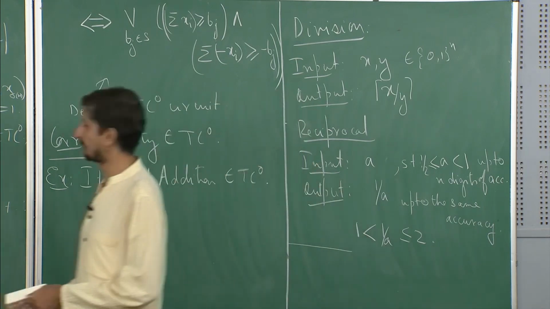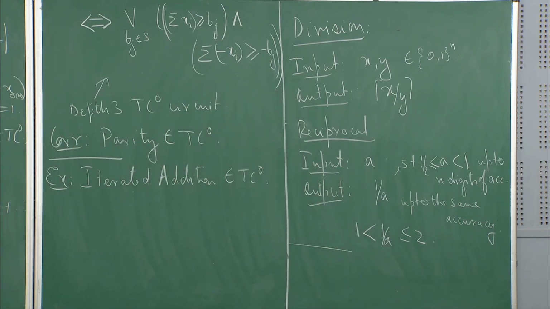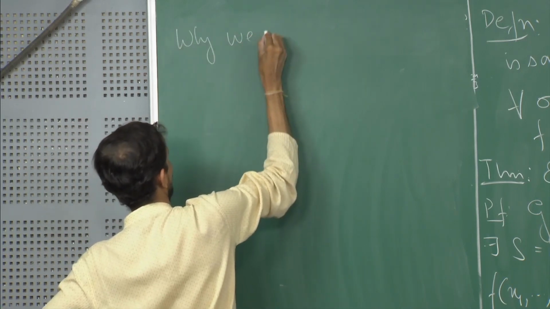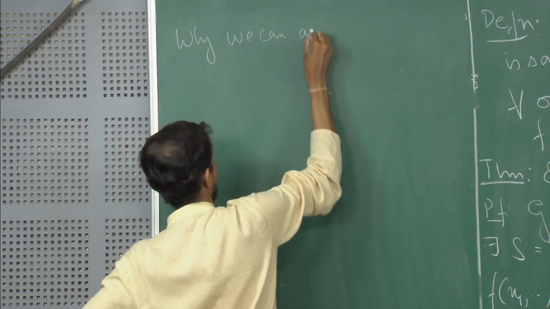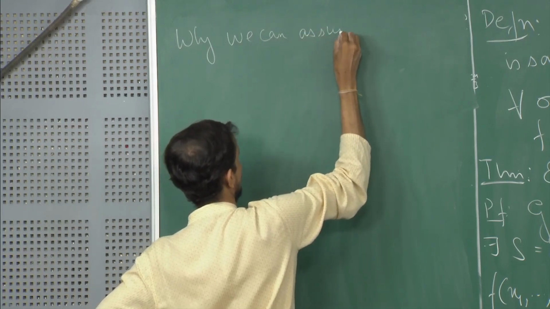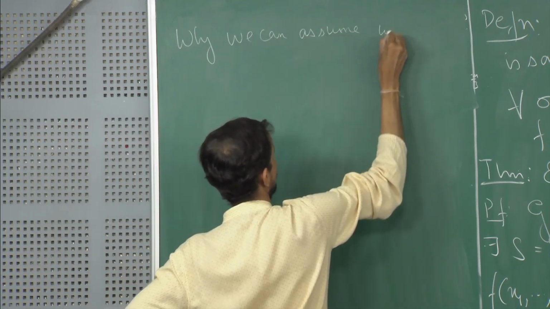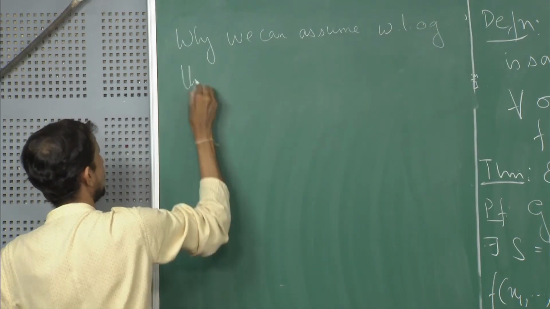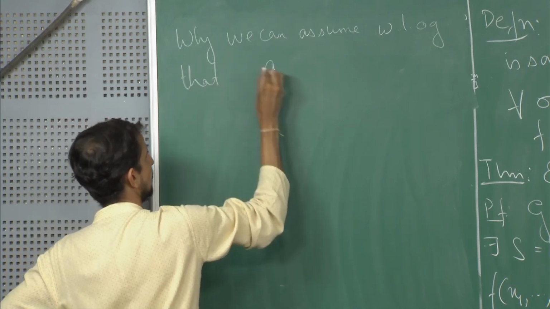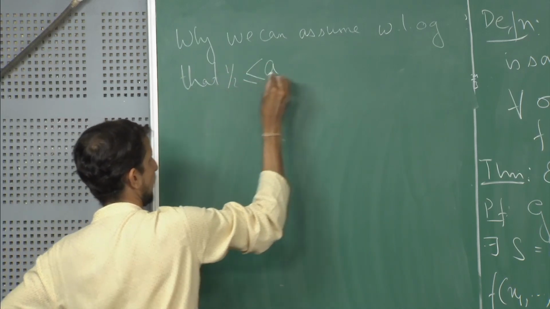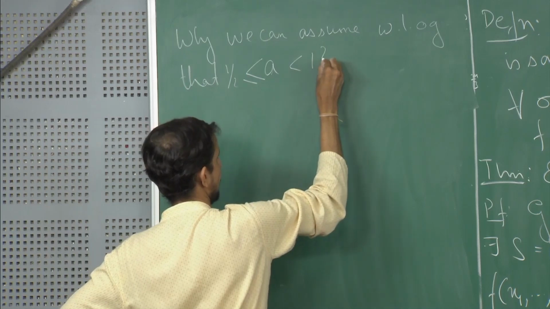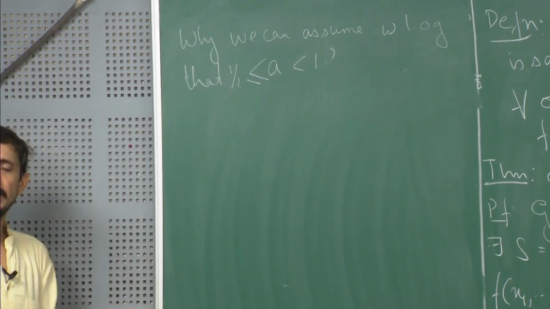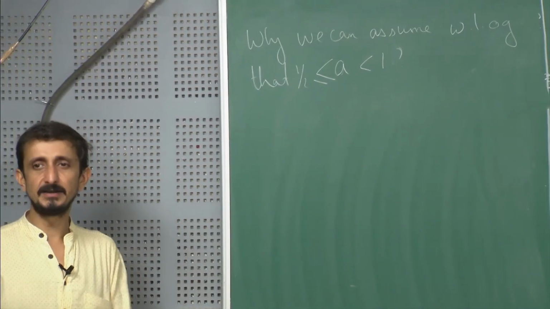We can assume without loss of generality that A is between this. Suppose you are given any arbitrary integer a.